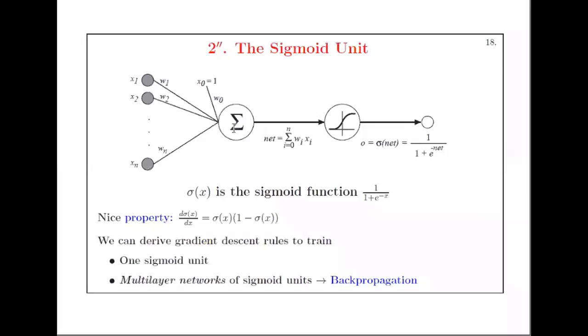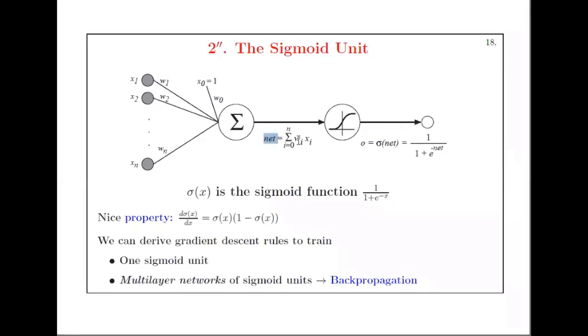This is the sigmoid unit, with inputs x1, x2, x3. Inputs are taken along with the weights, the input and weight combination. Here also, the summation of input and weight is calculated. You can see here we call it net. That sum we are calling net.